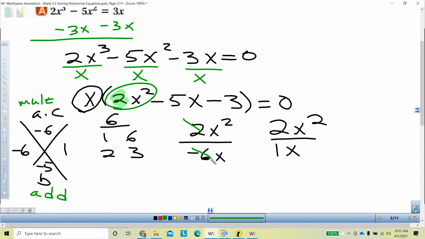2 over negative 6 reduces to 1 and negative 3. The 2 and the x always cancel. I'm not going to make the parentheses. I'm just going to automatically make them equal 0 so I can skip a step. So I get x minus 3 equals 0. I get 2x plus 1 equals 0.